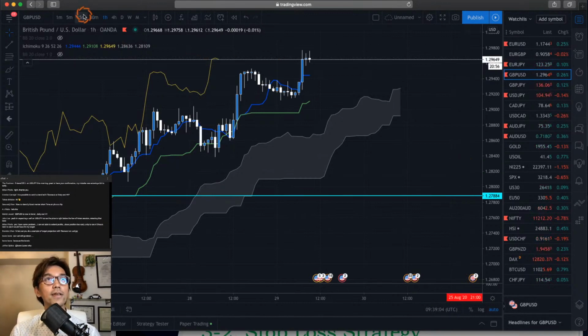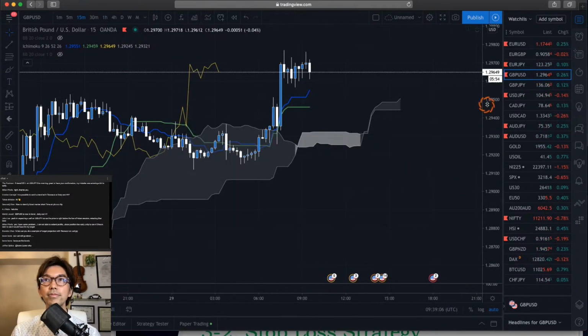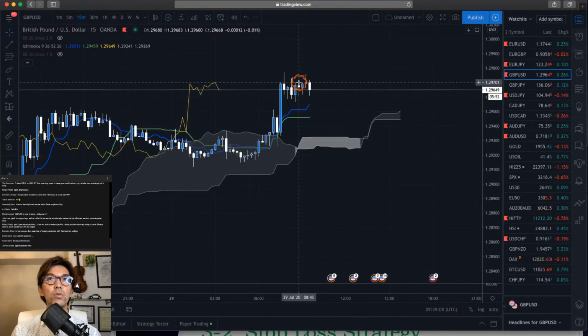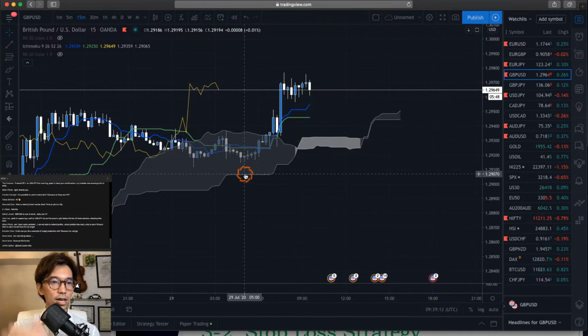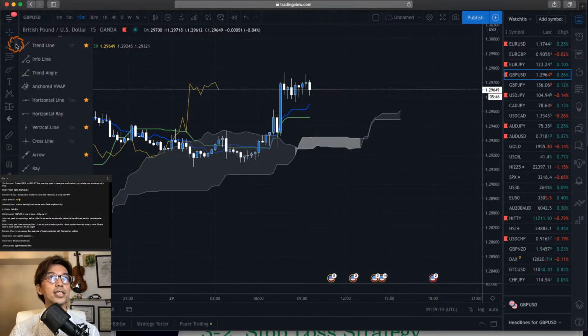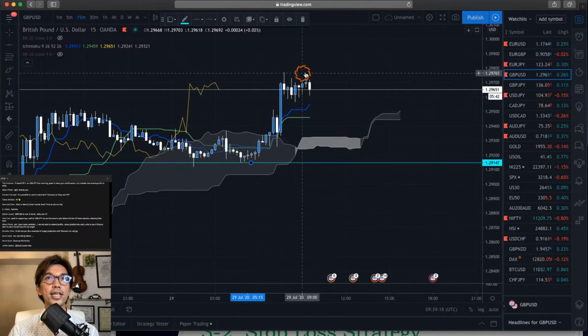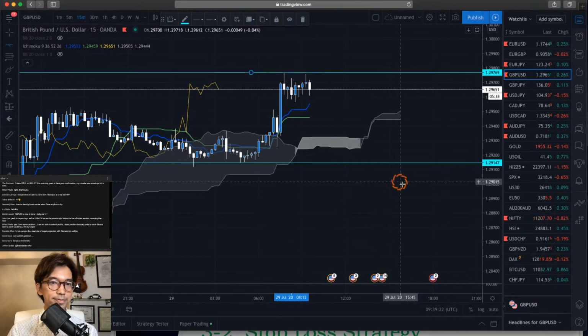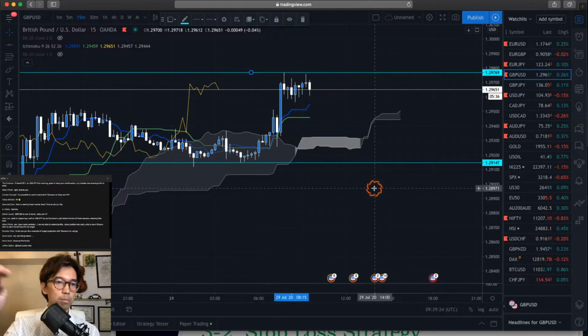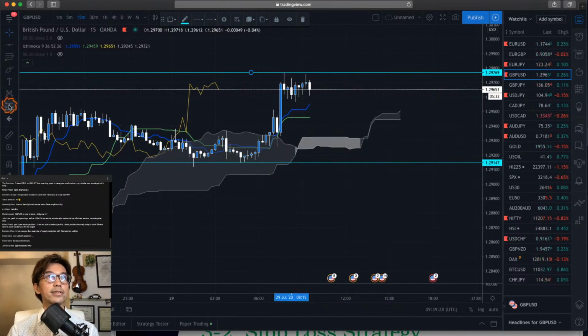So let's take a look at the 15 minute. There is a nice move up. In this case, once again, the recent low was on this level, and the recent high currently is on this level right here. So I place the Fibonacci retracement tool in between. Let me do this again.